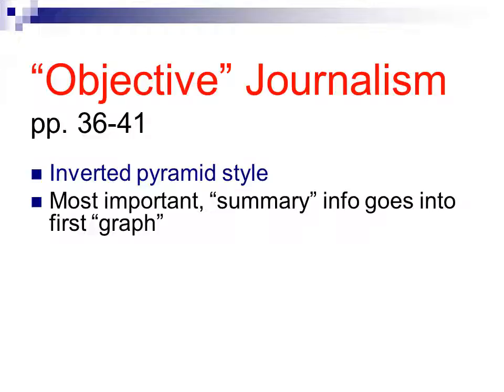And in the inverted pyramid form of writing, the most important information, what we call the summary info, all of that goes into the first paragraph of the article that we write.